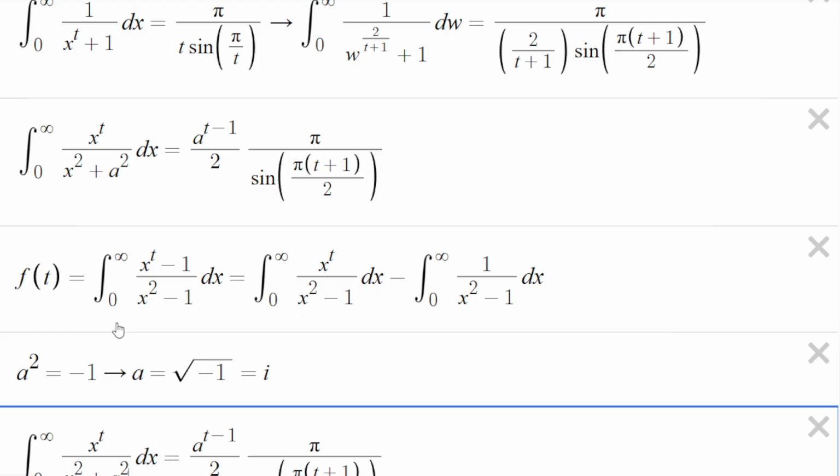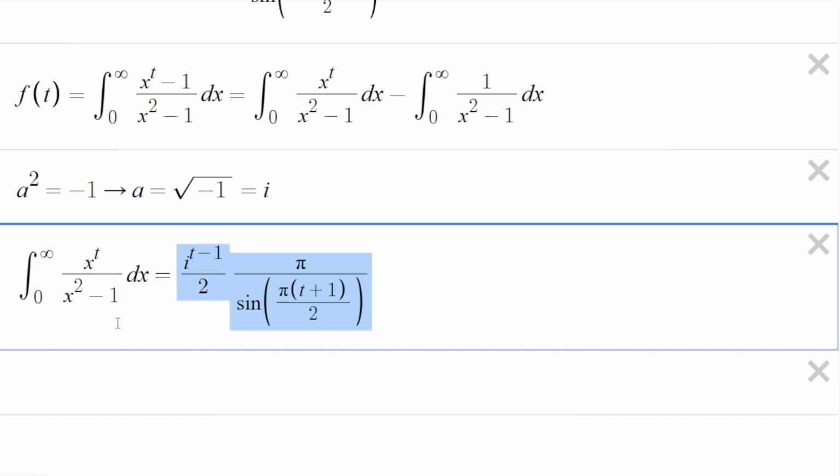Now a is equal to i, we get minus 1, and then we get i to the t minus 1. And that's it, because we just let a equal i. All right, so that means that is equal to that. Great.